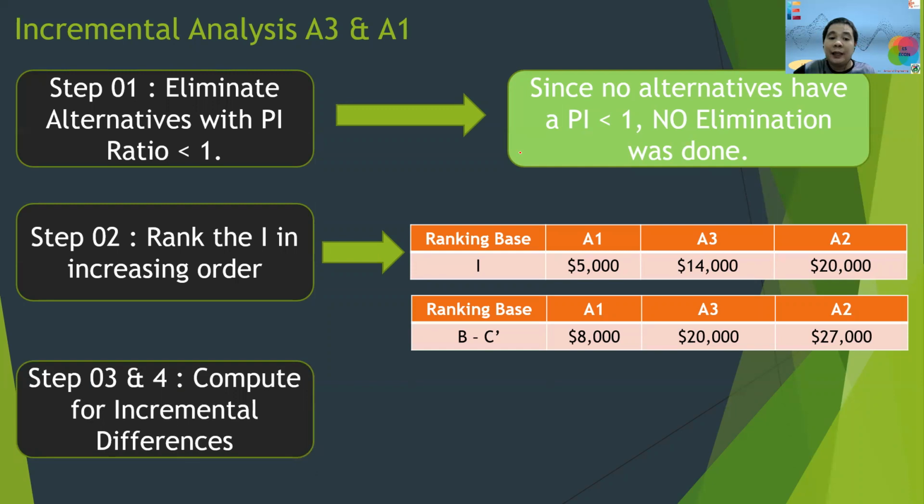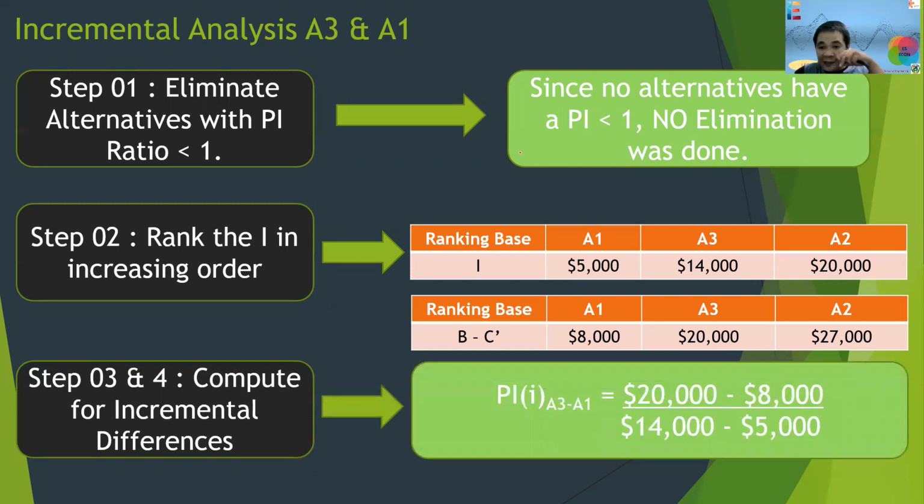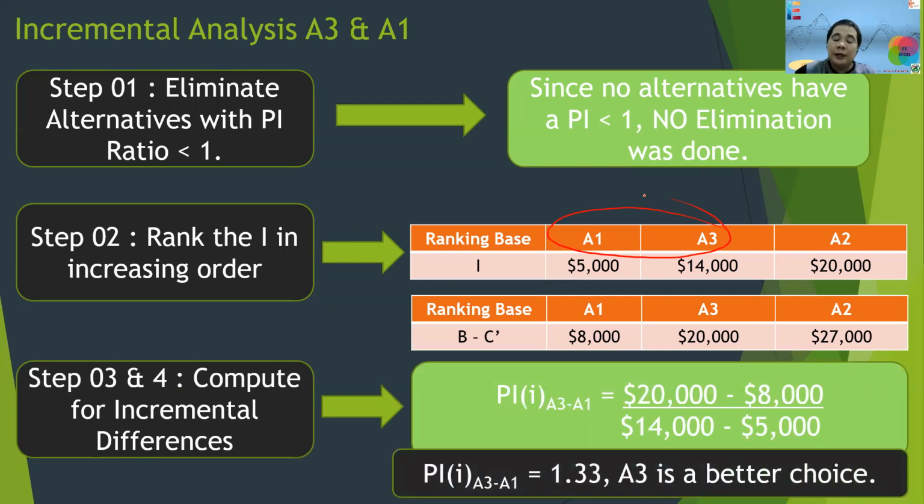Compute for the incremental differences. First, we have to compare the first two. The PI of A3 minus A1, or the incremental profitability index ratio, is equal to 1.33. That would mean A3 is a better choice.